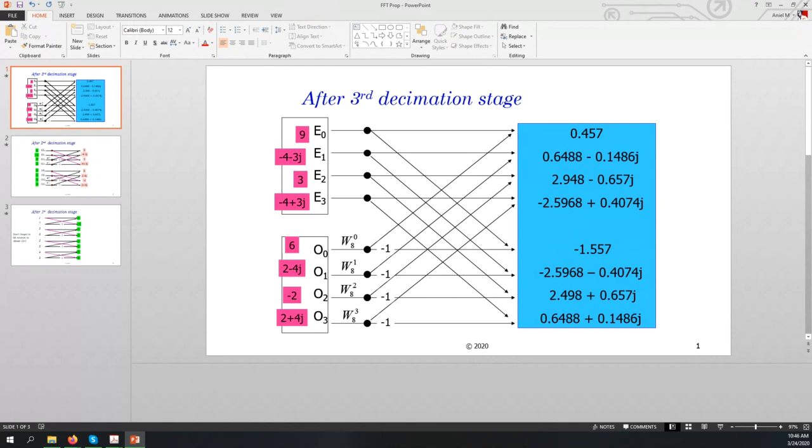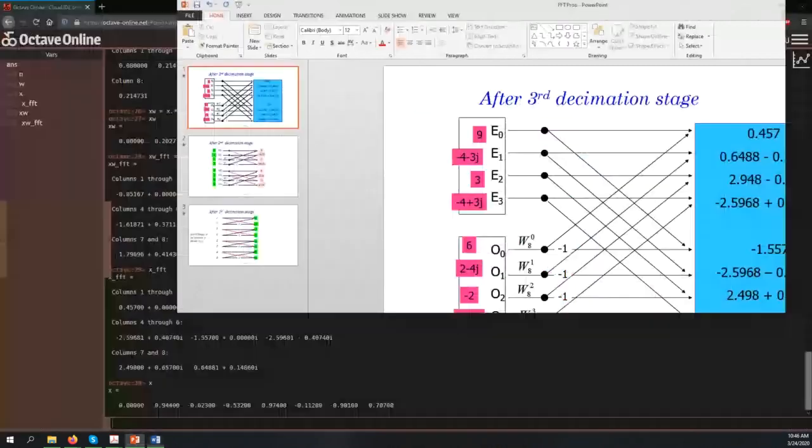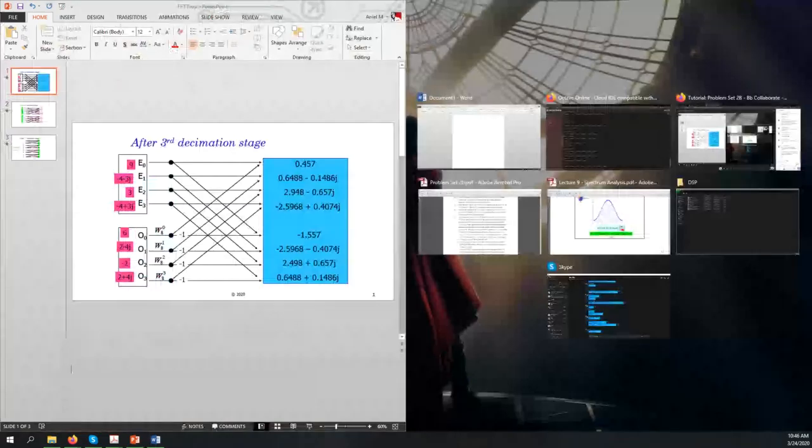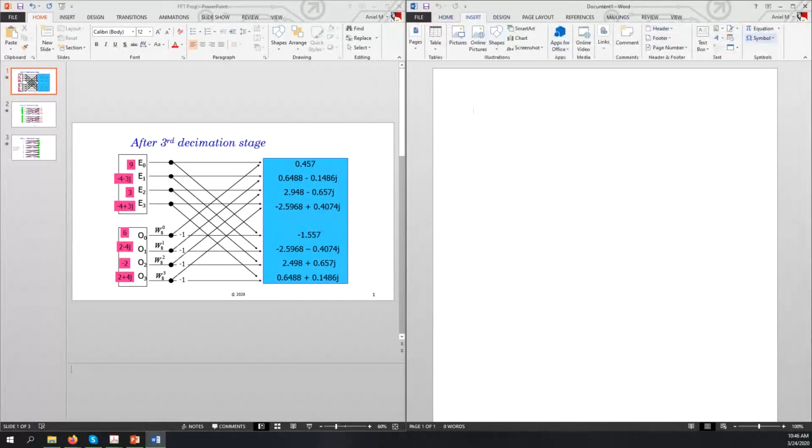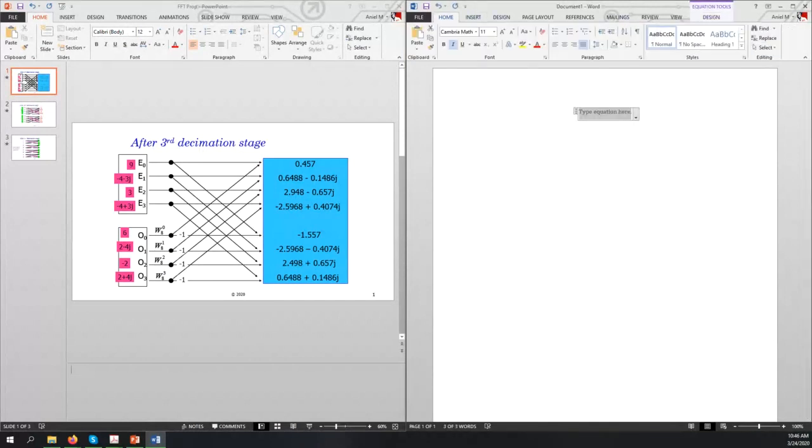So pull up our Word document to assist with this. Put you one side, put the documents here. Alright, so let's start inserting equations so we could see this, maximize this up a little bit. Alright, good.